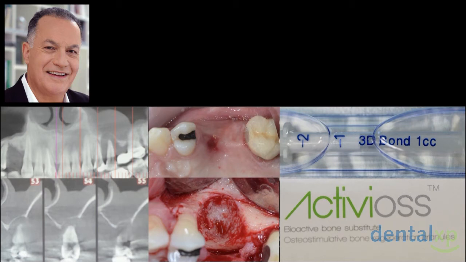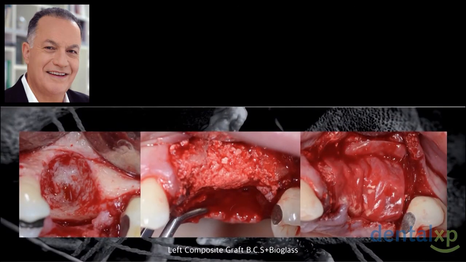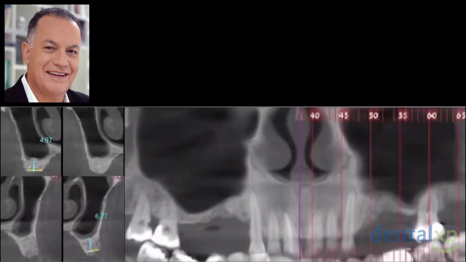On the right side, we have done a socket preservation just by using the bicalcium sulfate. And on the left side, we use the composite graft made of bicalcium sulfate and bioglass. You can see on the left side the composite graft during the socket preservation. And on the right side, the graft has been done just by bicalcium sulfate.